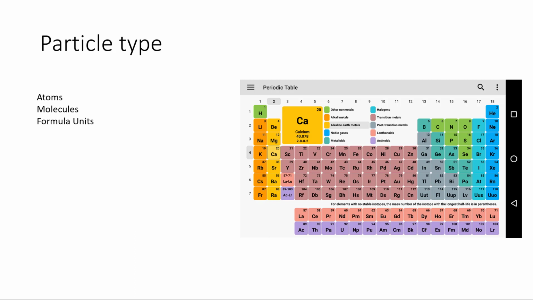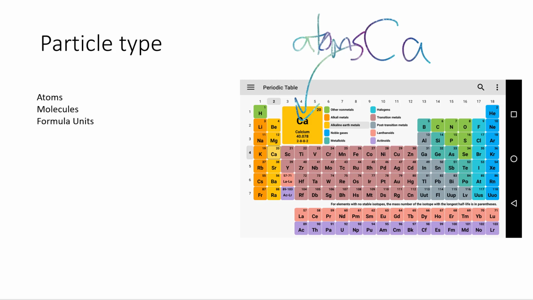So for example, if I was going to do a mole conversion with only calcium, I would write Ca in my setup in my calculation, and I would just write atoms of Ca because basically you're just categorizing the kinds of particles that you have. Ca is only one atom, so you write atoms.